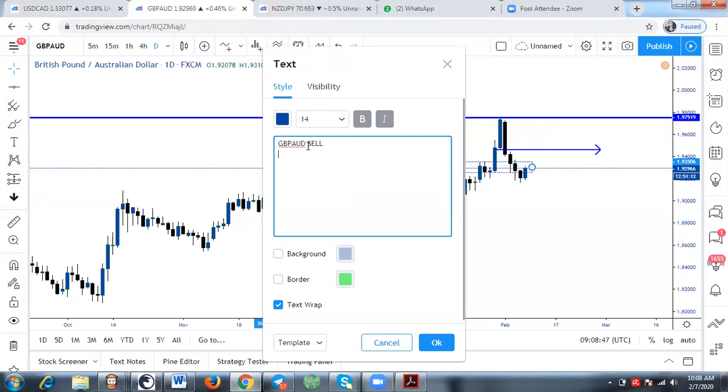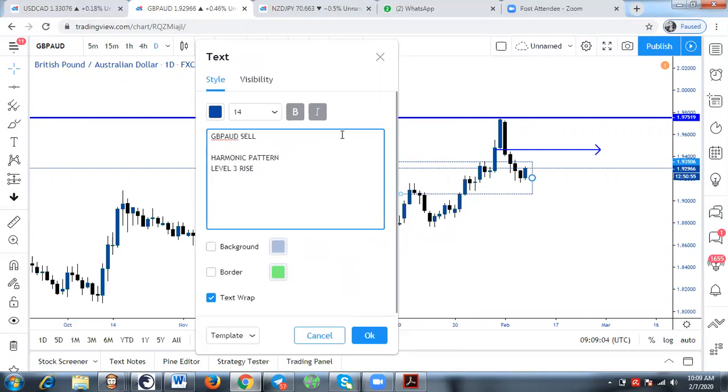GBPAUD sell. We have a harmonic pattern here. We have a peak formation. We have a level 3 rise. Then we have an order block.